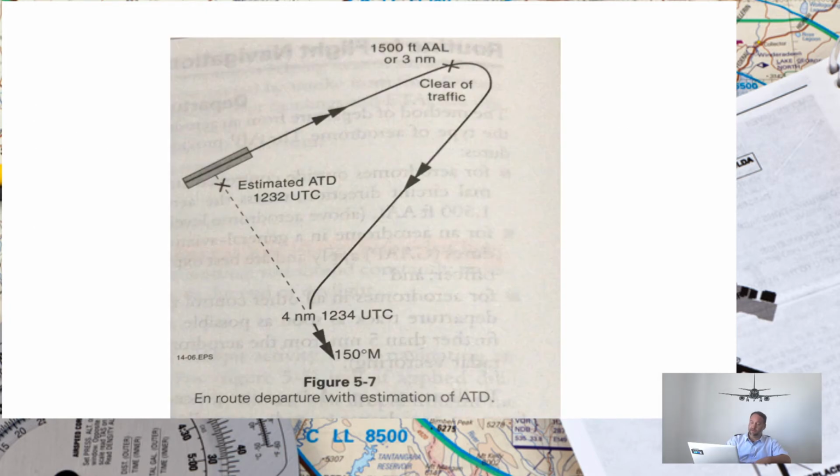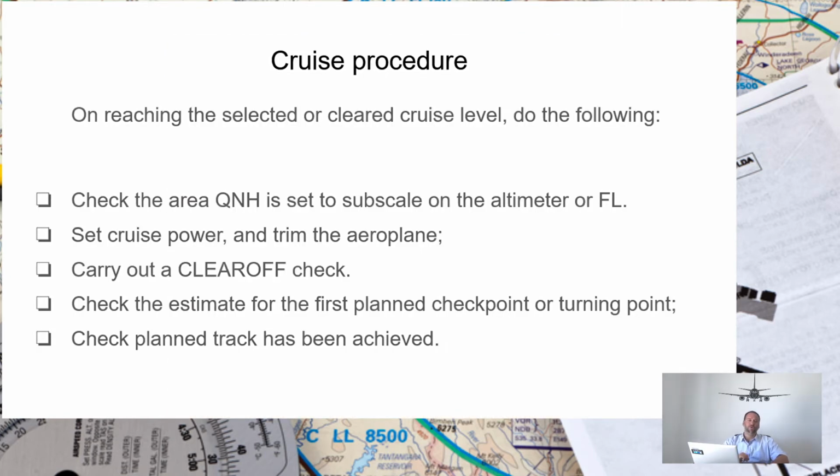You even have this image I took from my book. So you see when you start clocking your flight time to your destination, the actual time of departure. Cruise procedure. On reaching the selected or cleared cruise level, do the following.